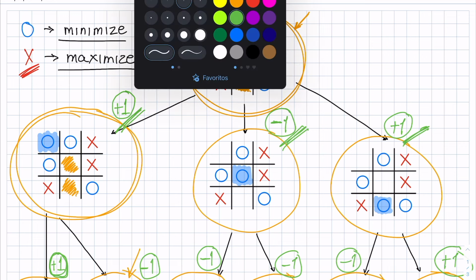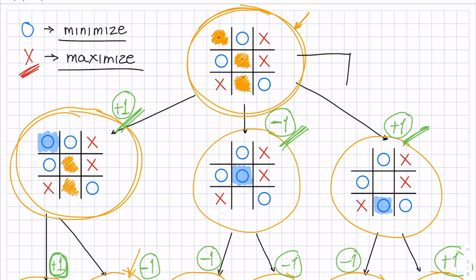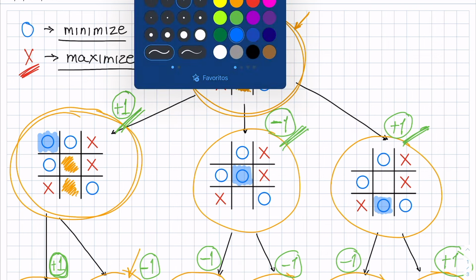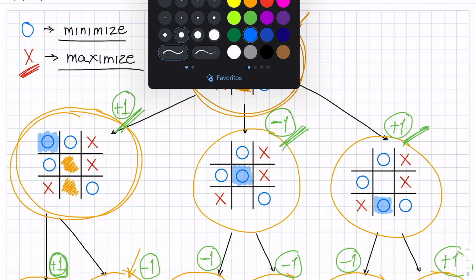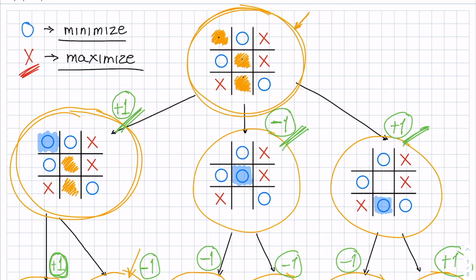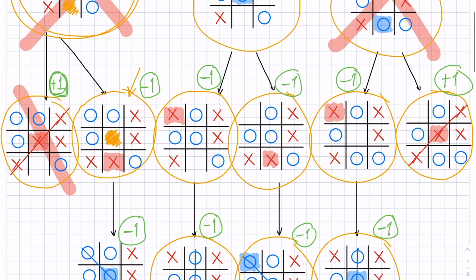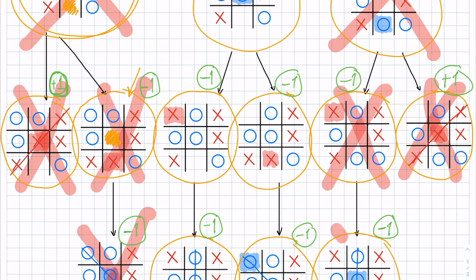So again, what player is the one making the move from this level to the one that is down? It's going to be the minimizing player. So what does a minimizing player want? He wants to minimize. And this is pretty cool: we can assume that the minimizing player is not going to go for this board, neither for this board, hence neither for the branches below those.